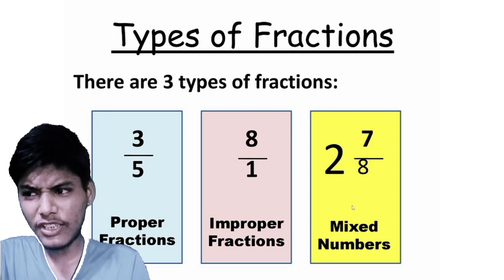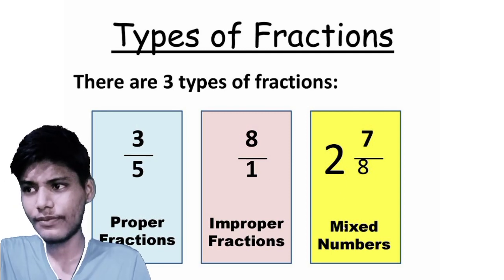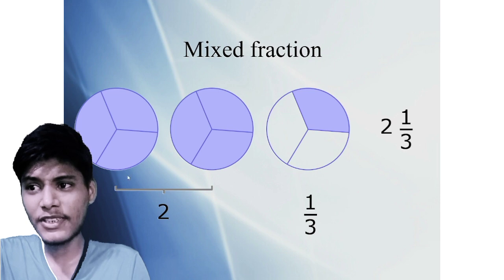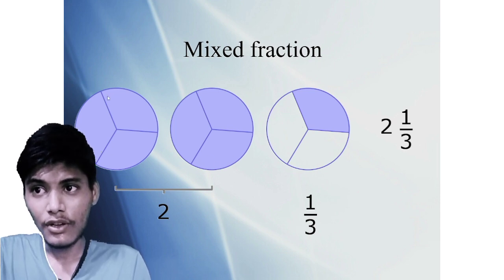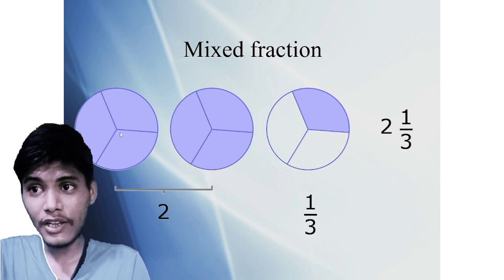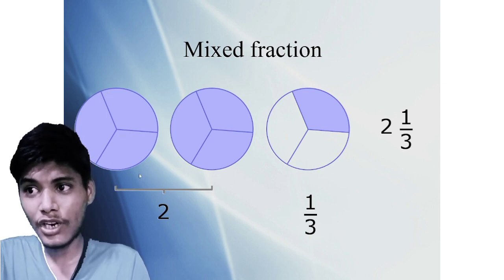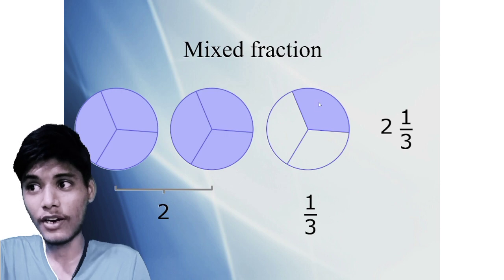So what is a mixed number? We can see it. Mixed fraction, basically, if we talk about 3 circles, each circle is divided into 3 parts. Then we consider 2 circles which are totally colored, and 1 part is colored of the 3 parts, so 1 by 3 here and 2 here.